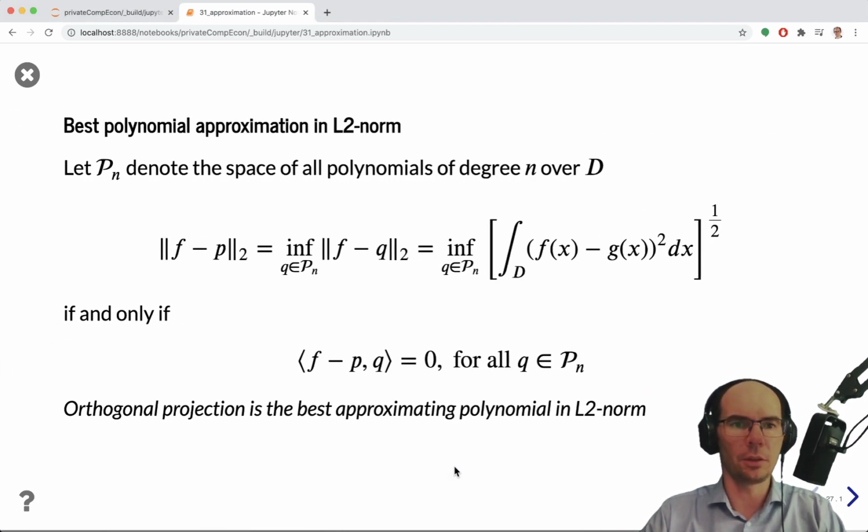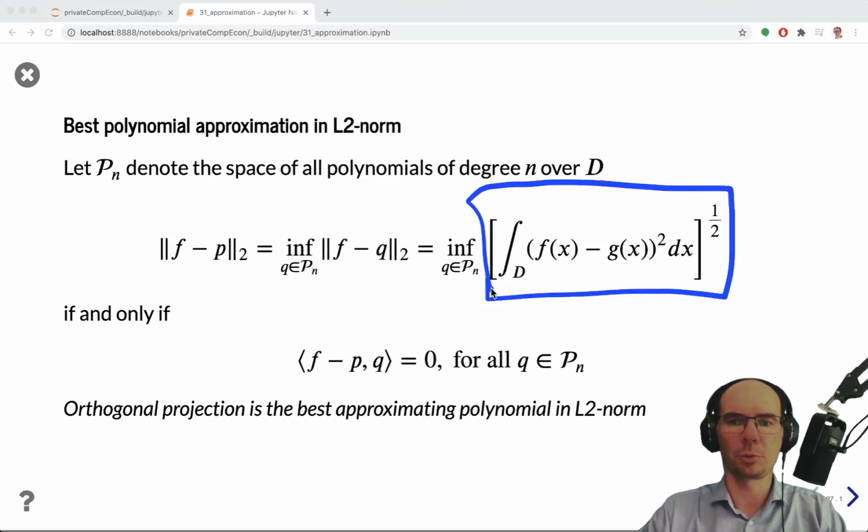And now let's look at the best polynomial approximation in the L2 norm. The L2 norm is akin to the distance in Euclidean space. So the distance between two functional forms, where the subscript 2 means that we are talking about the Euclidean L2 norm, is going to be given by this expression.